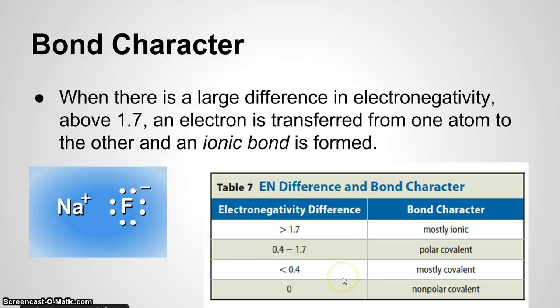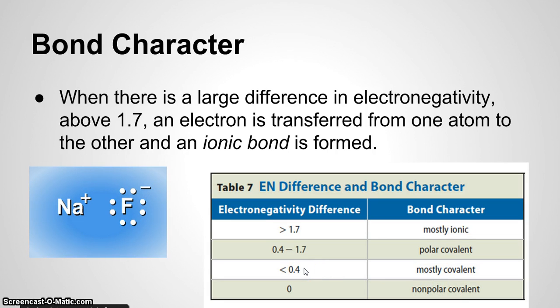So this chart that's in your notes summarizes the difference in electronegativity. So you look at that very first table, find the electronegativity value for each atom in the bond, subtract them, and then wherever the difference falls tells you what kind of bond is likely to be formed. Okay, so if they're the same element, it's a nonpolar covalent bond.